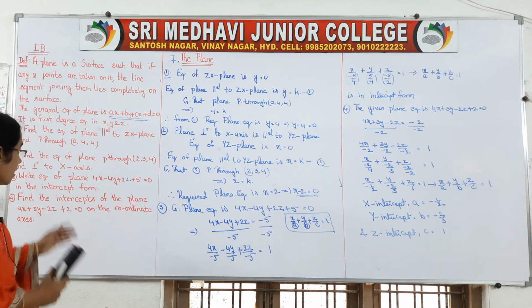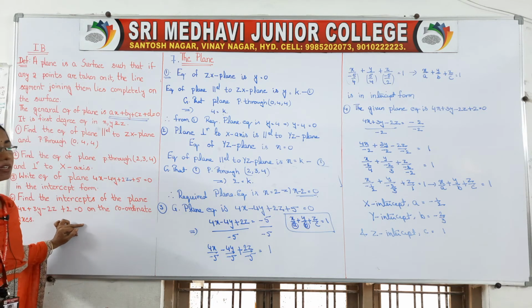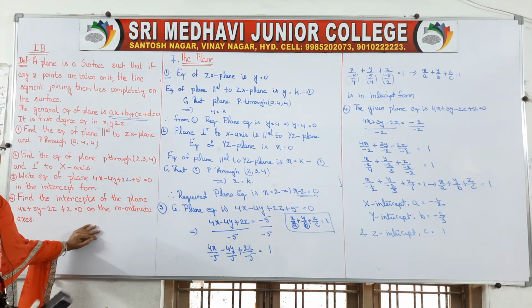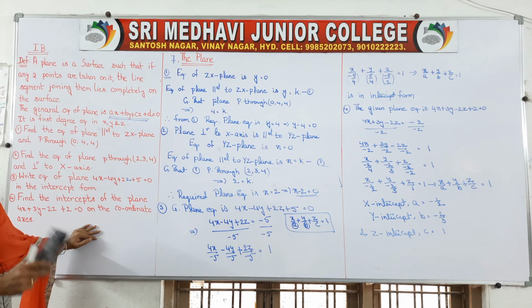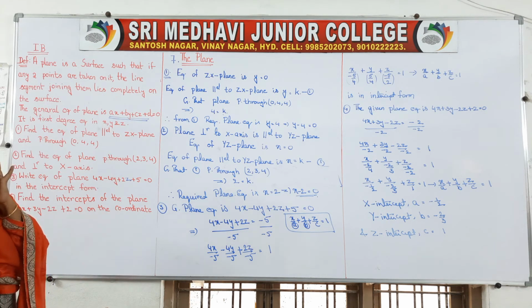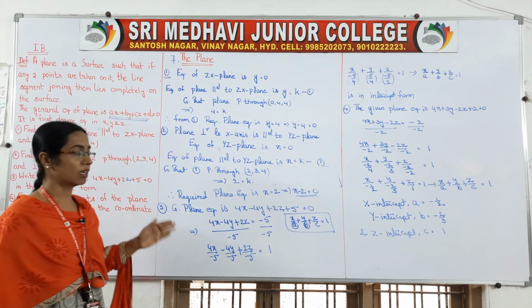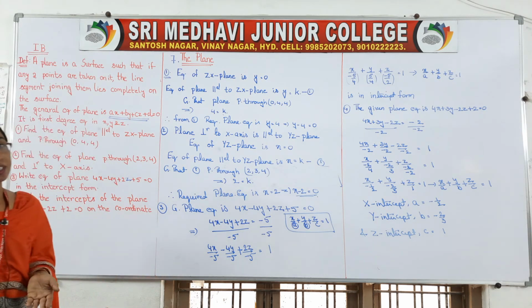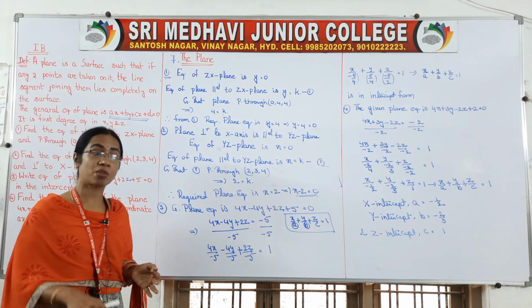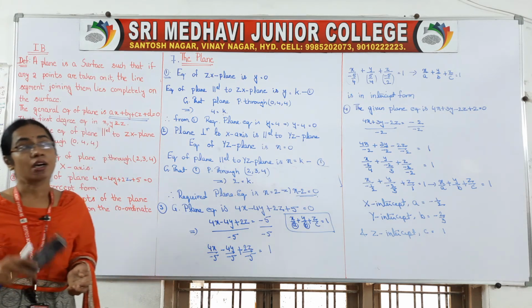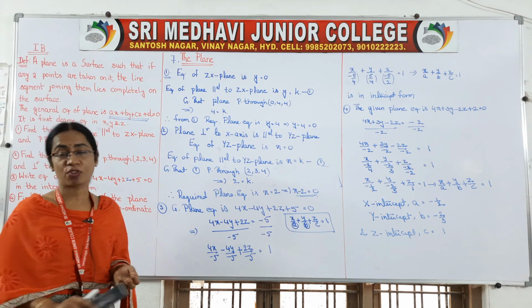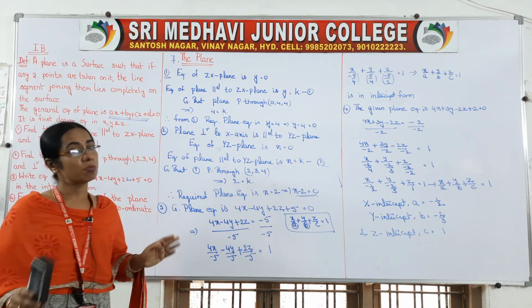Whenever intercepts are asked, first of all we have to convert the given plane into intercept form. Convert, transform or reduce into intercept form, all are the same. What is the procedure?